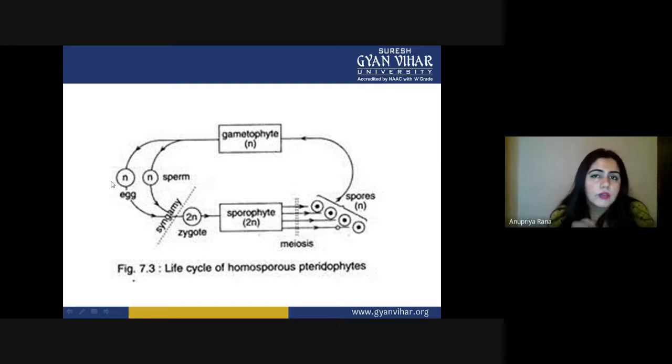Then only you can realize what the spore is for. After this haploid condition, they undergo syngamy, or fusion, the fertilization process. After fertilization, they form a zygote, that is a diploid cell, and the plant again comes into the sporophyte stage. So sporophyte, gametophyte, sporophyte, gametophyte. This is called alternation of generation in a homosporous pteridophyte.